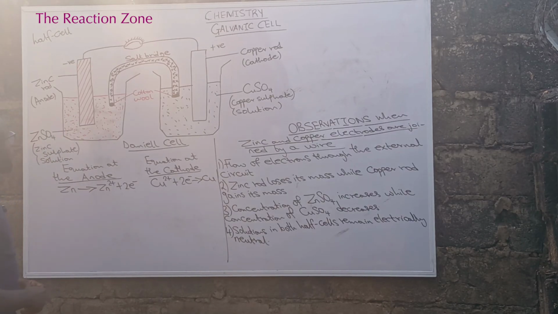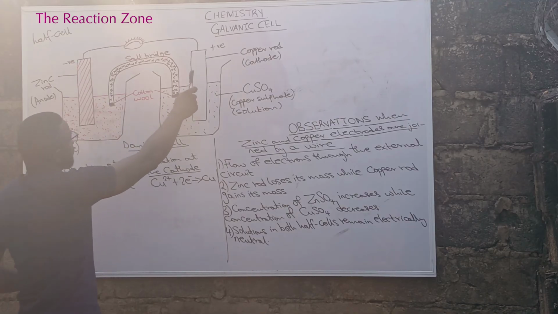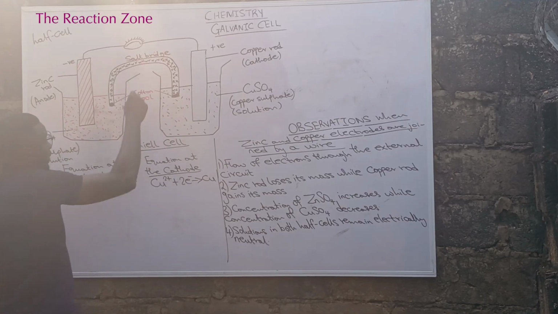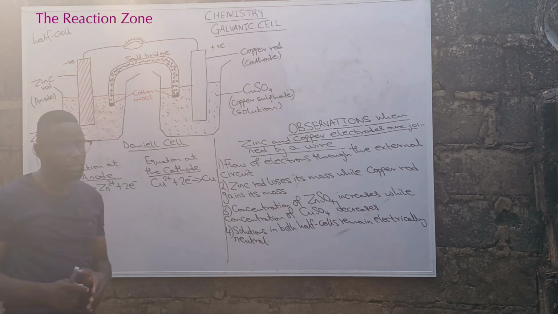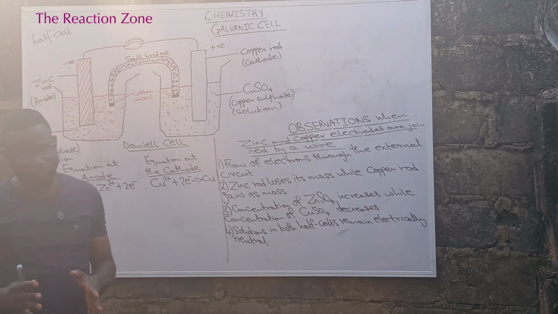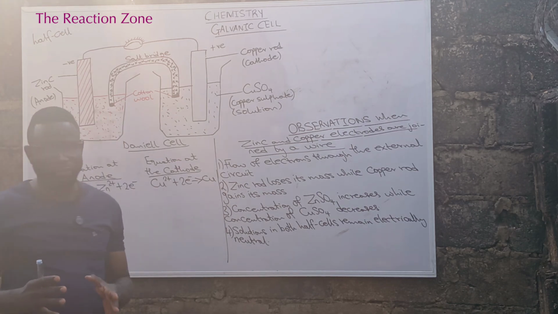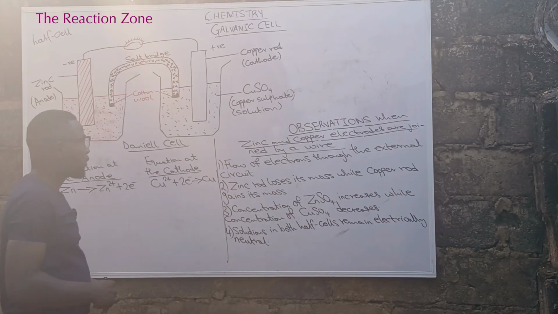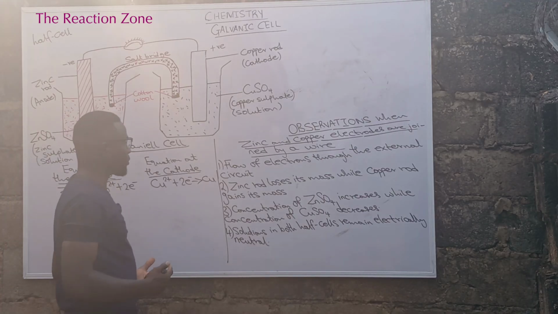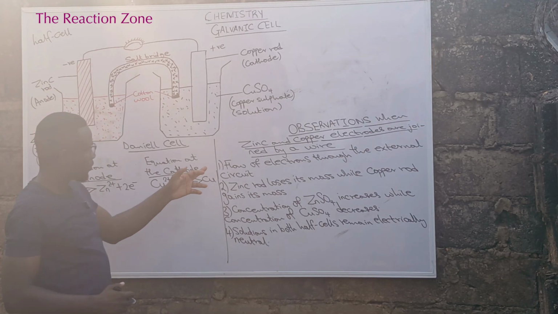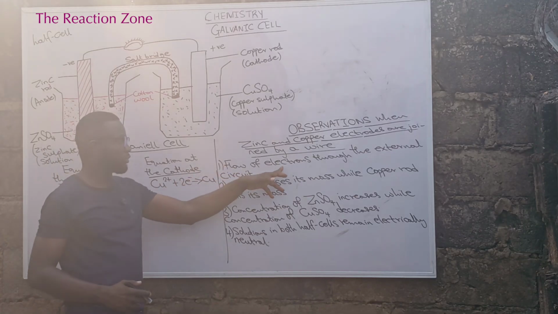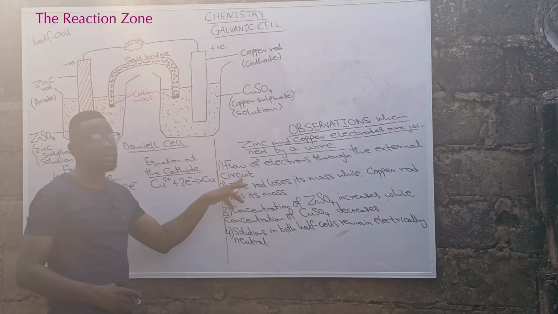Now, when the zinc rod is connected to the copper rod through this wire, there are certain observations that will be made. And the observations are as follows. 1. Flow of electrons through the external circuit.